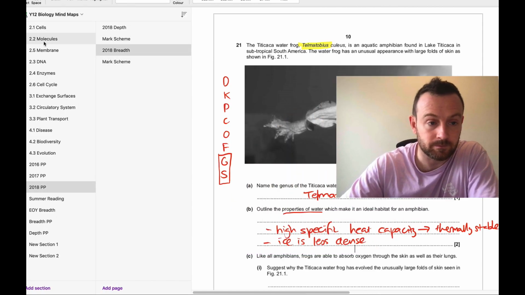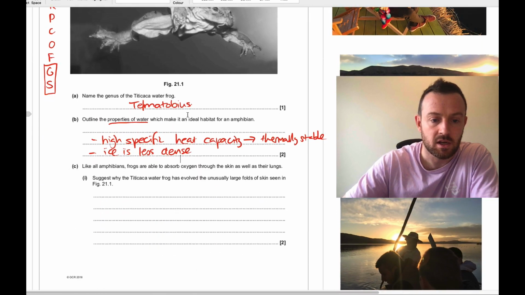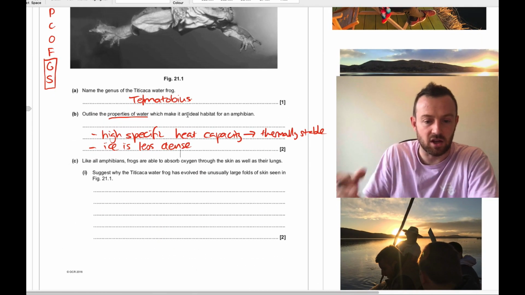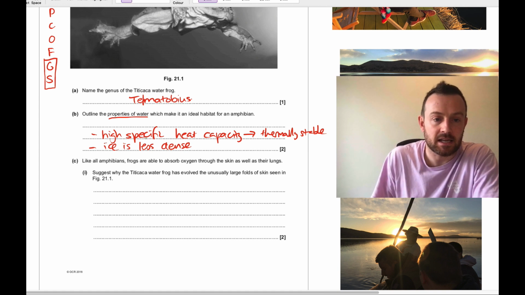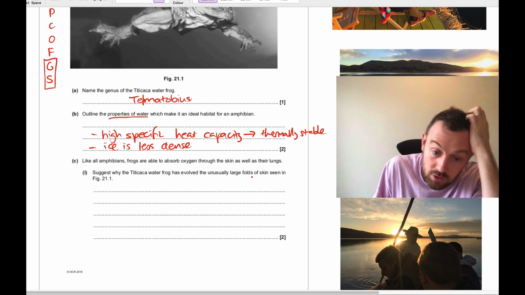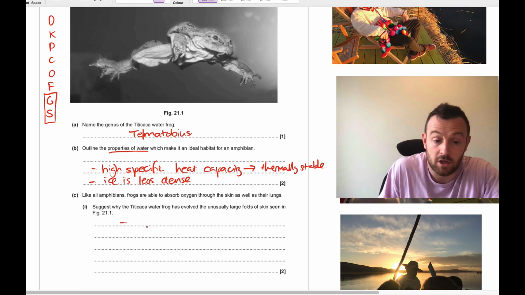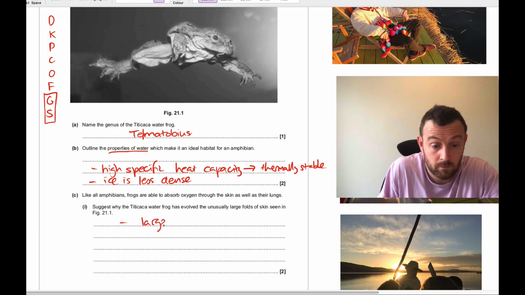Back to the paper. All right, so this frog, it looks pretty weird, doesn't it? It's got these folds of skin, these large flaps of skin. It says in the question, suggest why the Titicaca water frog has evolved unusually large folds of skin. Well, it basically gives it a larger surface area to absorb oxygen.